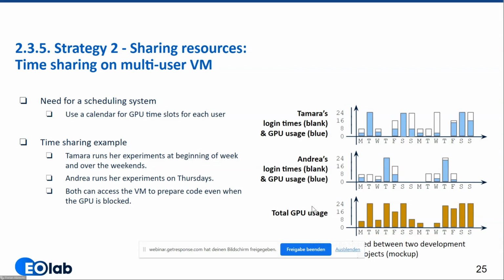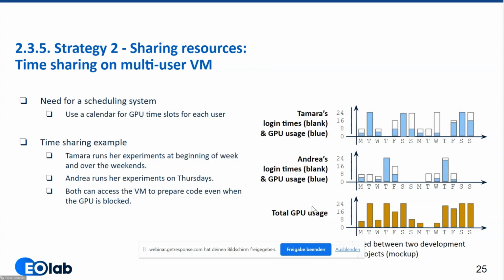And to show this example, you have Tamara at the top, Andrea in the middle, and the login times are blank, and the blue filled blocks are the times when the GPU is used. In the time sharing example, Tamara runs her experiments at the beginning of the week and over the weekends. That's her time slots.